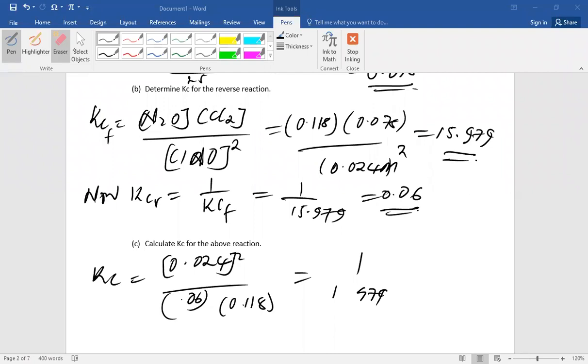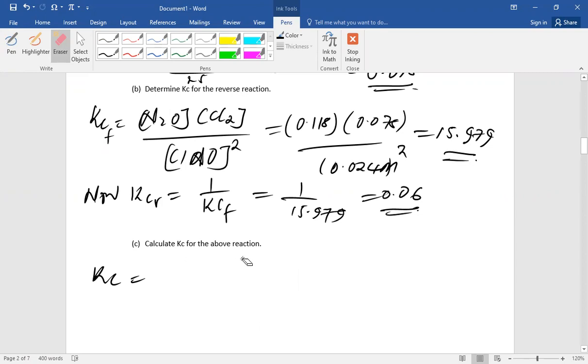Okay, so let's just remove this. There's a simpler way we can go. Kc in this case is just equal to Kc forward.